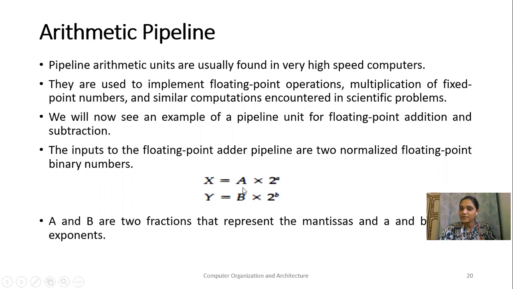Here capital A denotes your mantissa, the fractional part, and small a denotes your exponent. Similarly, capital B denotes your mantissa and small b denotes your exponent. We have represented these numbers in binary, so we have used base 2.